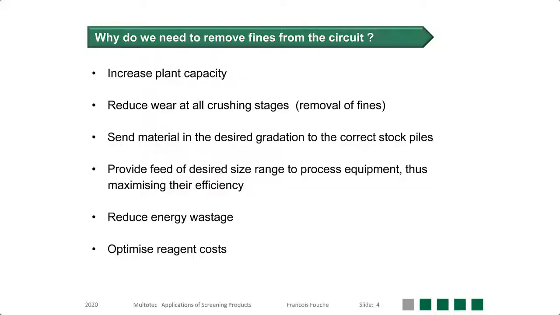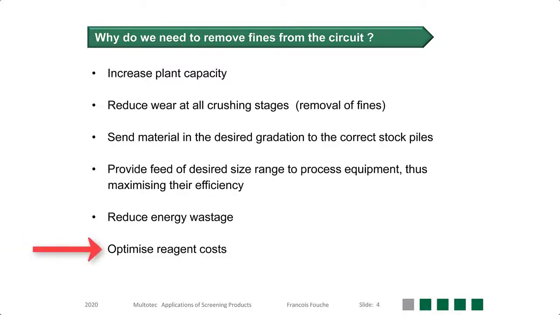It could be a cyclone, it could be a spiral, and it's the purpose of the screen to prepare the feed in terms of removing the fines that is sent to downstream process equipment. One is wasting energy when you treat a size fraction that does not add value. And finally, imagine operating a flotation plant and you do not remove fines. What is the effect on reagent cost in terms of not removing the fines fraction?